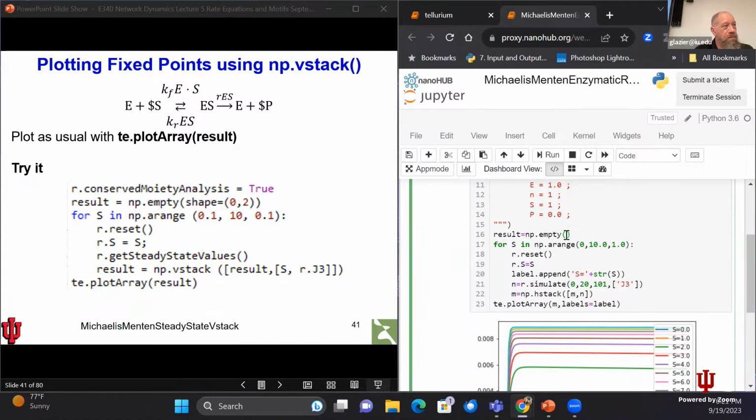I often in these classes will have a student who's a much more sophisticated Python user than I am, and they'll say, "Oh, just do it this way." And so, if anybody has a cleaner way of doing these manipulations, that's fine.